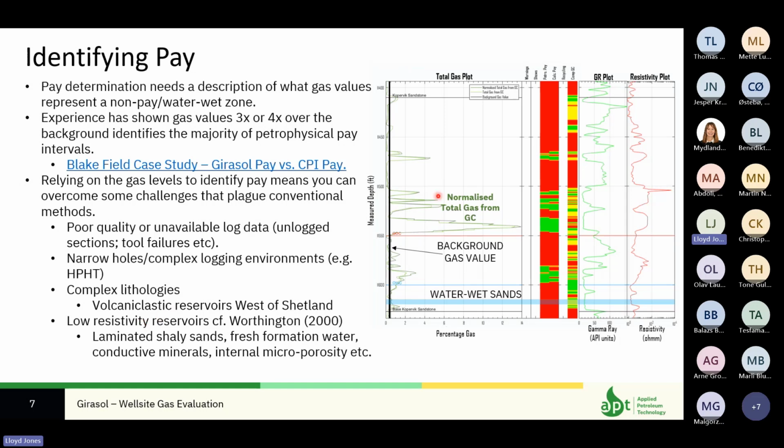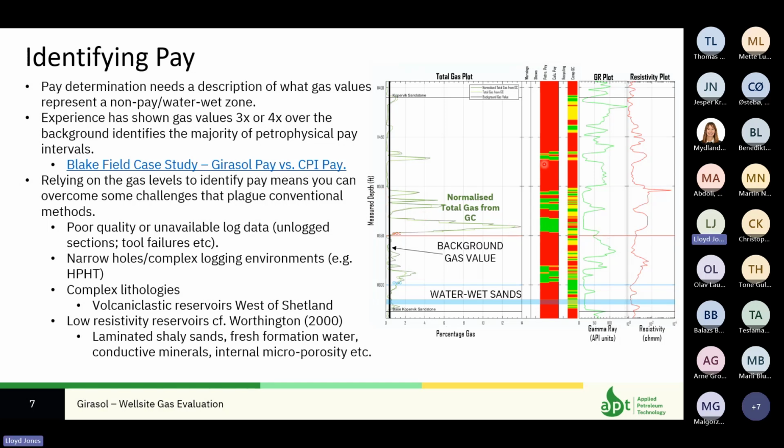And you can see the example on the right-hand side here. This is from the North Sea in the UK sector. The blue polygon you see here is where the background gas has been set and at a very low level. It looks to be wet based on the wireline response as well, low gamma ray in the sand and very low resistivity. And the right-hand green column here, where my cursor is now, these are the zones where Girasol has picked up hydrocarbon pay, where your gas level is 3 times above the background, which is the black line here.